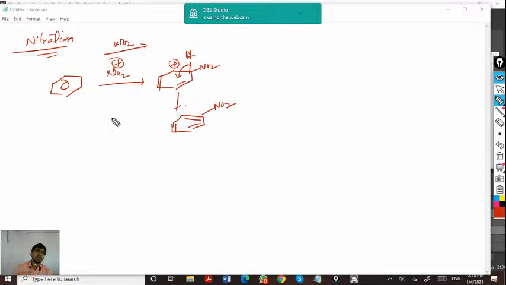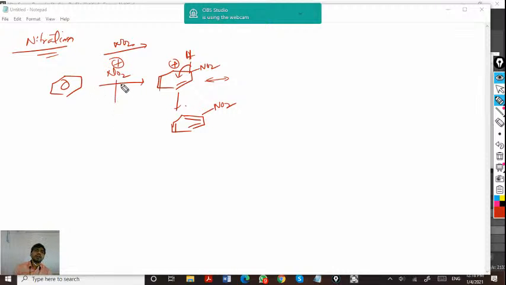Try to write the mechanism more times, because you will never get doubts in the middle of the mechanism when you are writing the next steps. If you are capable of writing this mechanism in less than 30 seconds, you will never get doubts about the electrophilic substitution reactions. So try to catch the speed and perfection also.